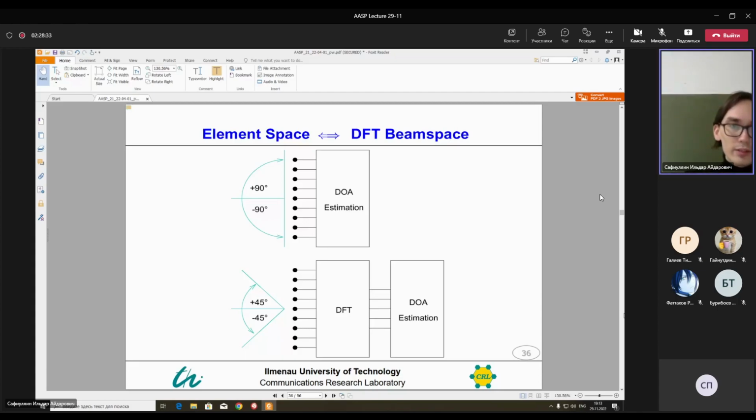So what does it mean? You can see that in this case we collect into our measurement vector all the values from all the array elements.